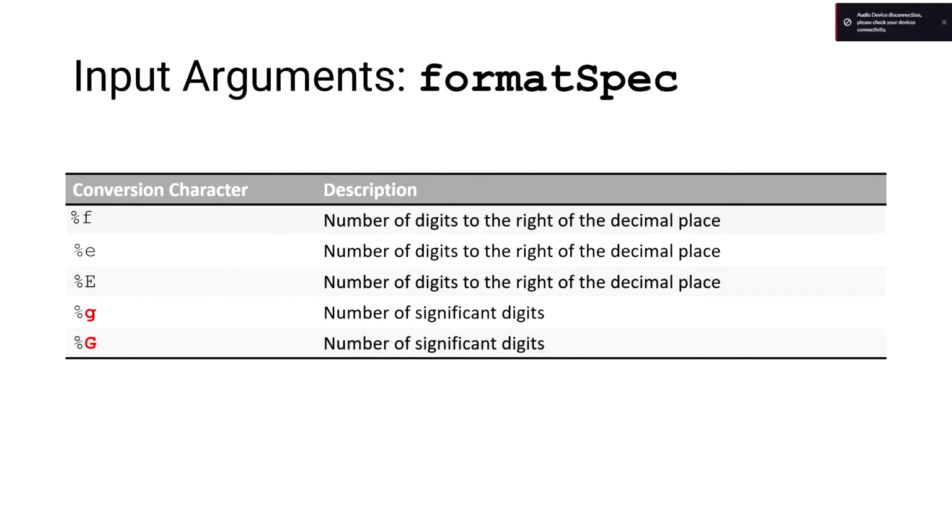For conversion character g, the precision specifies the number of significant digits. Now, in our example, our conversion character is f, and our precision was .2, where the 2 indicates the number of digits to the right of the decimal place. So 2 digits to the right of the decimal place.